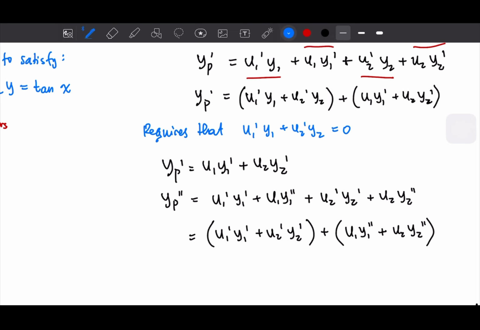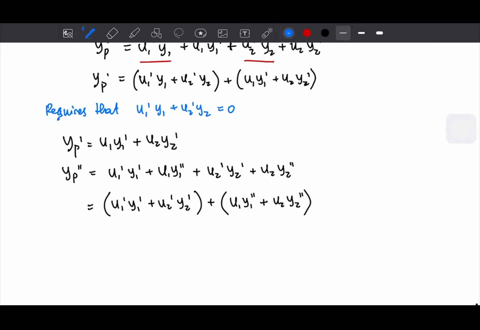Okay, and also what we need to look at here is that y1 and y2 are solutions of y double prime plus y equals 0, right?